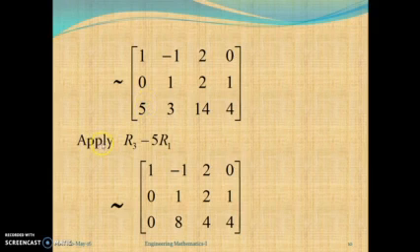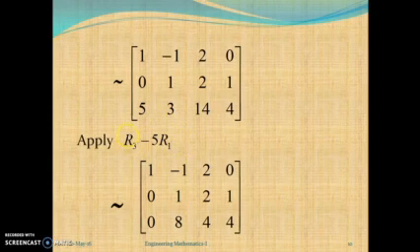Therefore we apply the transformation R3 minus 5 R1. What is meant by R3 minus 5 R1? We change only R3 using this transformation, not R1. Therefore we write R3 first and then the usual subtraction, R3 minus 5 R1.